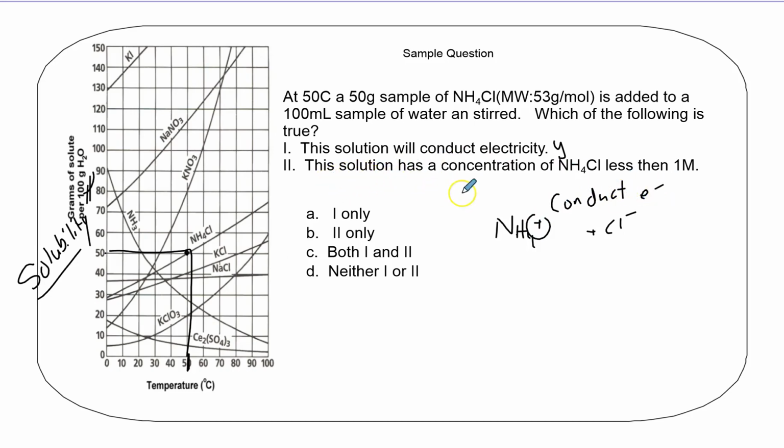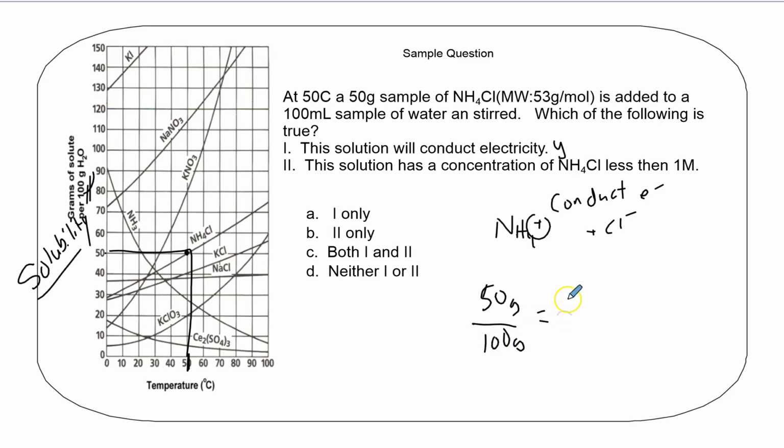This solution has a concentration of NH4 less than 1 molar. Well, let's see what we got here. We're going to dissolve 50 grams, and that is per 100 grams of water.